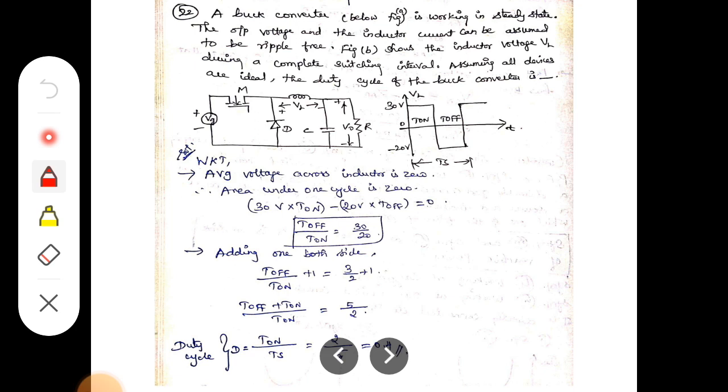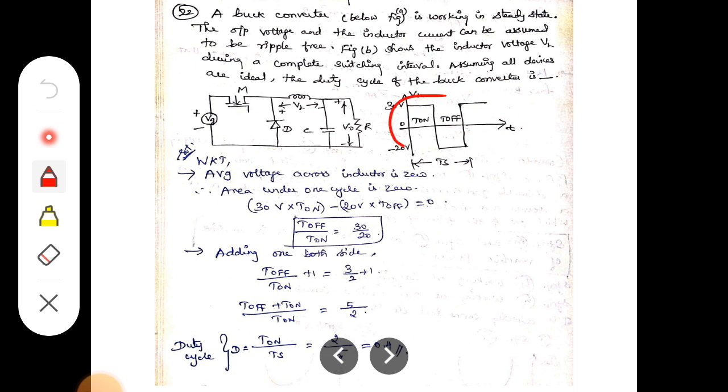From the given diagram, the average voltage across the inductor is 0, the area under one cycle is 0. That is, 30 volt into T on minus 20 volt into T off.